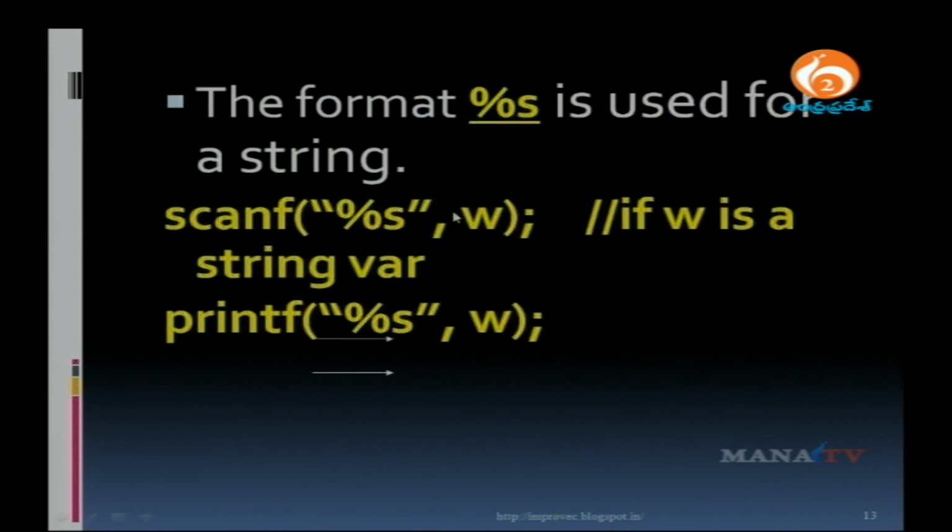And printf("%s", w). Here we are not writing the ampersand, because w is nothing but an array variable. Array itself is an address. We do not write ampersand here because w itself is an address, the starting address, the base address.